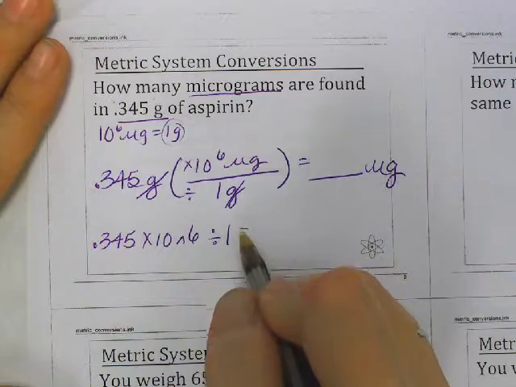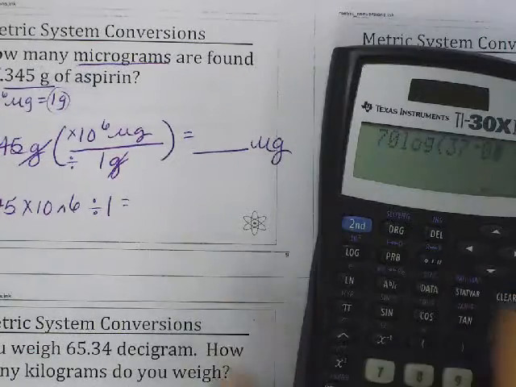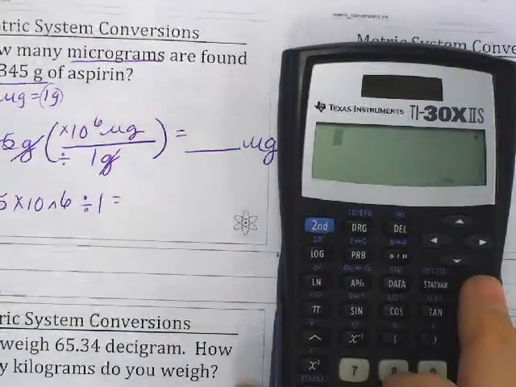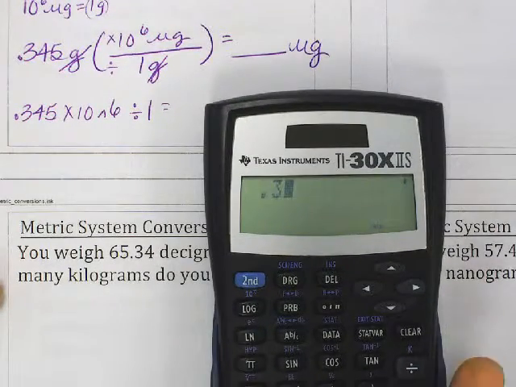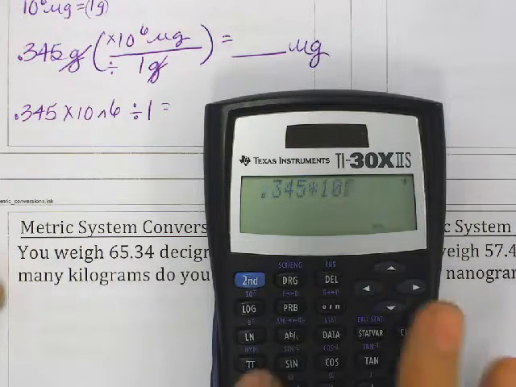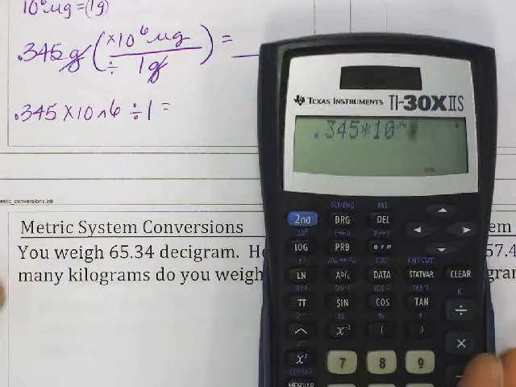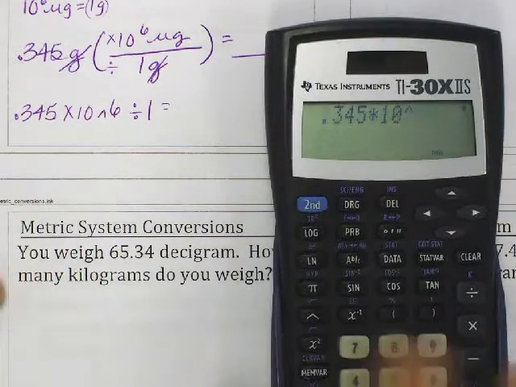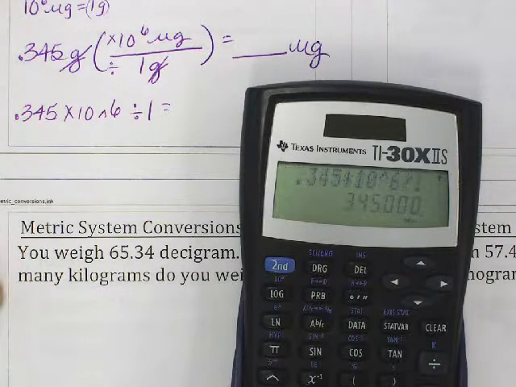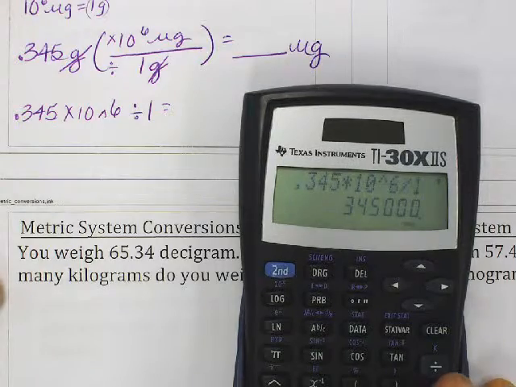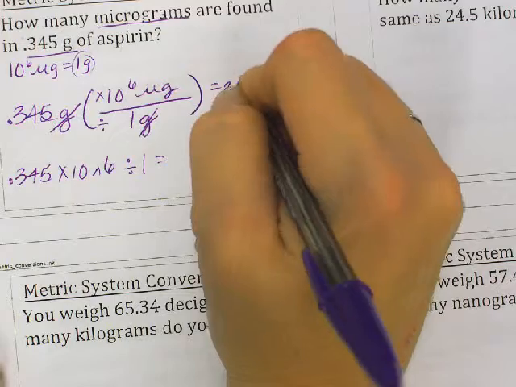So to type that in the calculator, just to make sure everybody knows how to do that, 0.345 times 10, and you're going to hit the little caret key right down here to the 6th, divided by 1. So that is 345,000 micrograms.